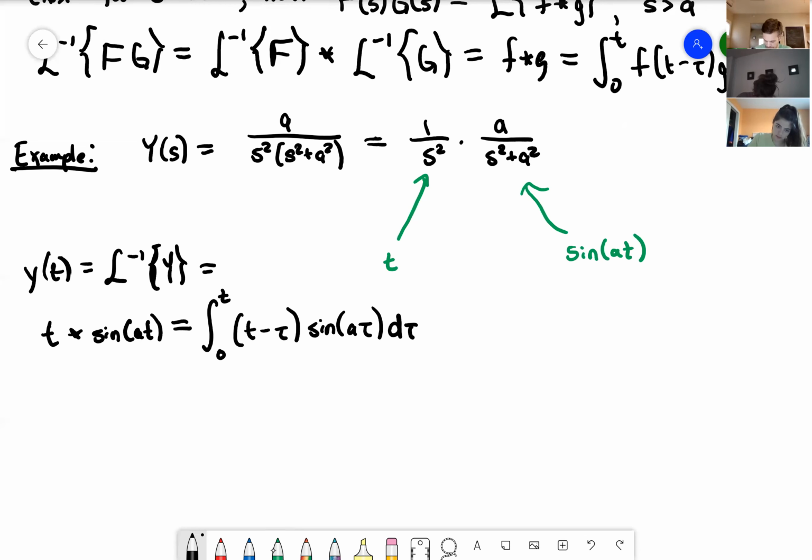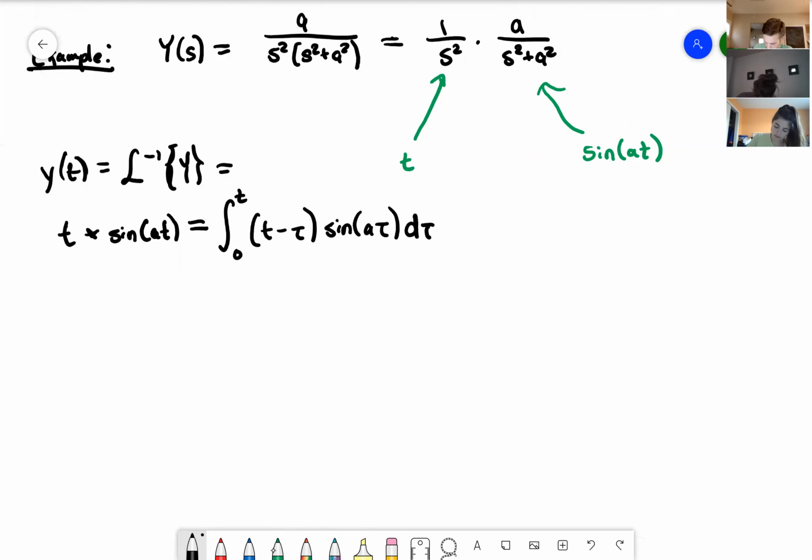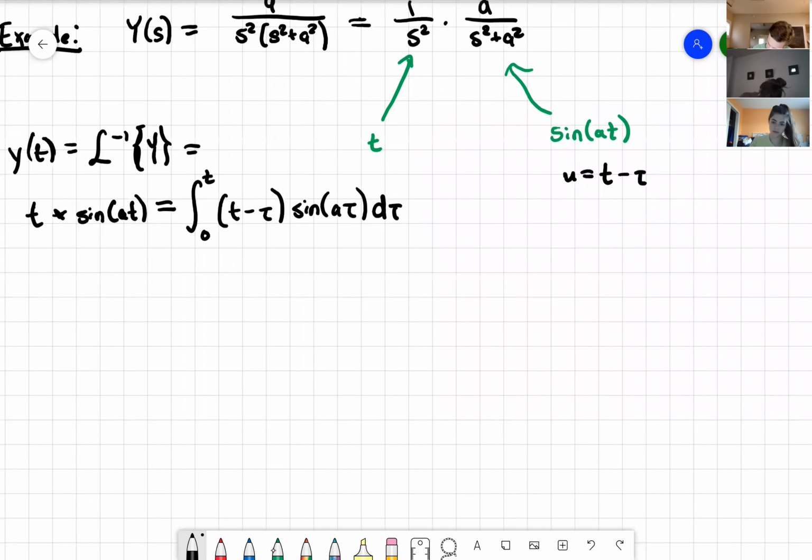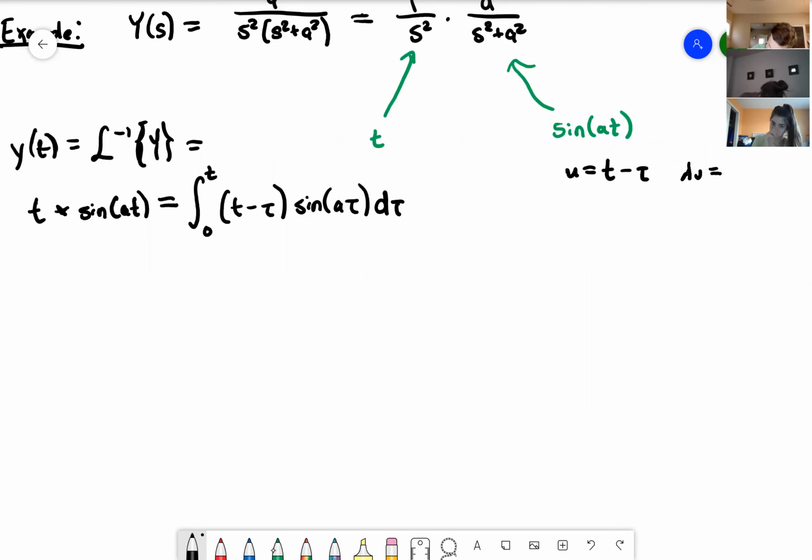What's even more of a pain is that you are a student in a calculus class, and this is an integral that's easy enough for you to do. So your instructor will expect you to be able to do this integral. We'll do this by integration by parts. Our u is going to be t minus tau. Remember, we're integrating in terms of tau, not t. dv is equal to sine of a tau d tau.